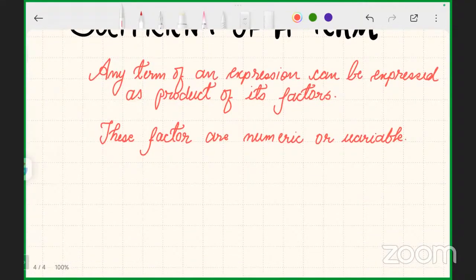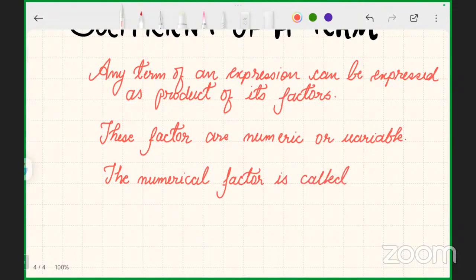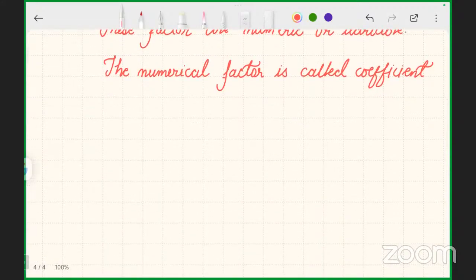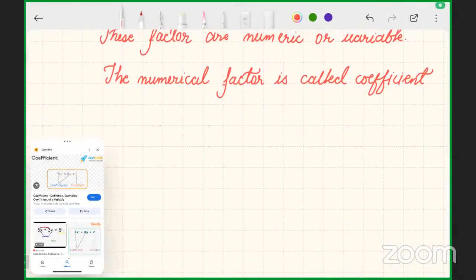So at last you can write: the numerical factor is called coefficient. Simple.